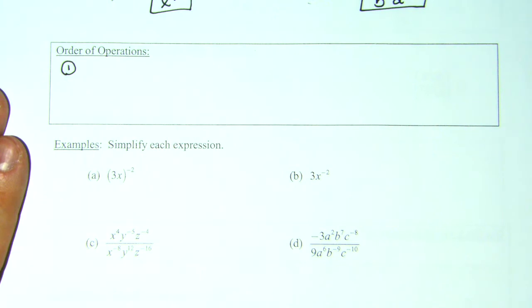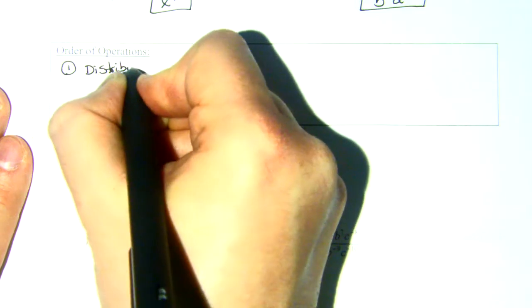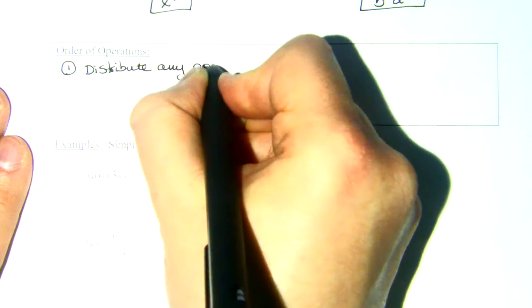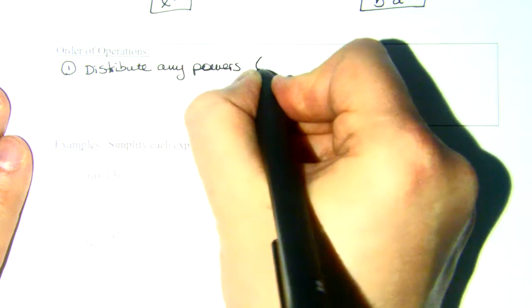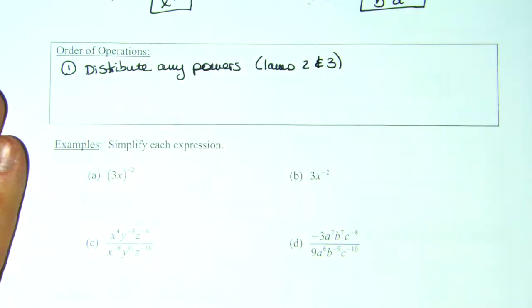The first thing we would need to do in any exponent problem is distribute any powers, which means using laws 2 and 3.